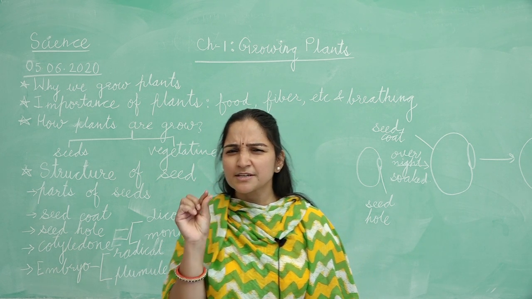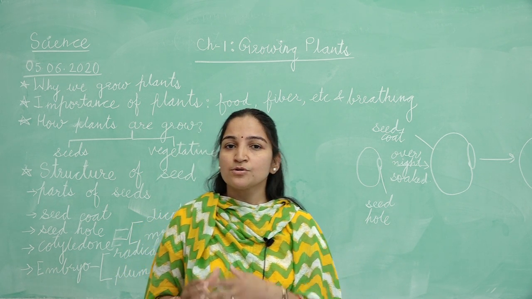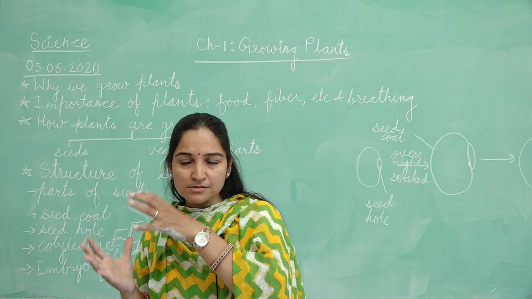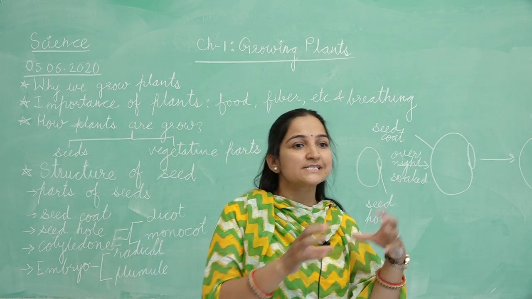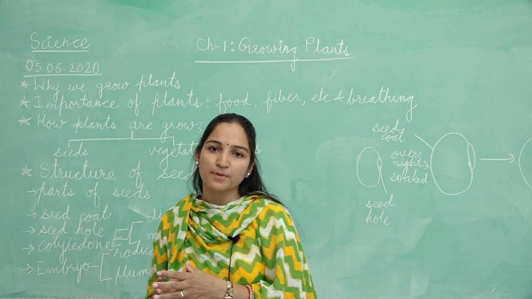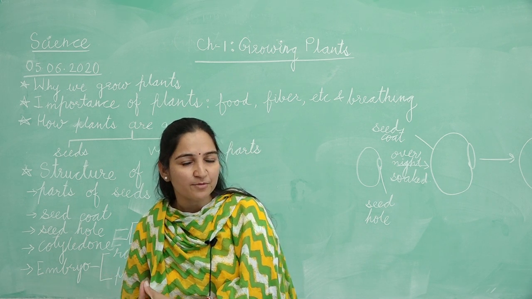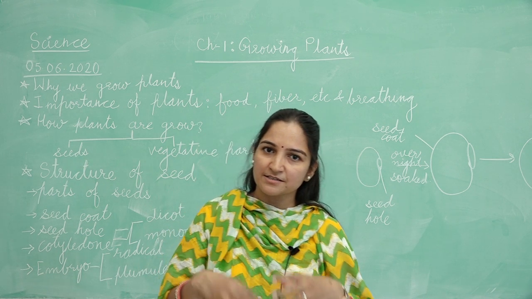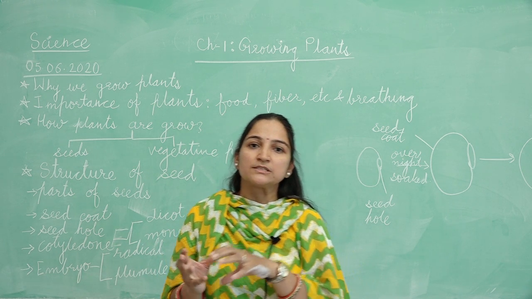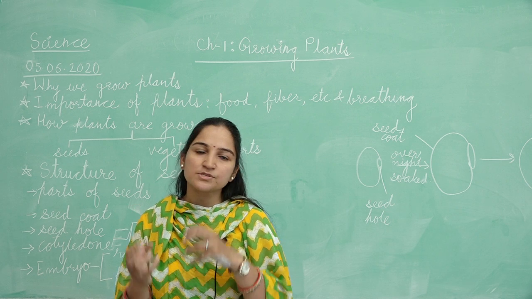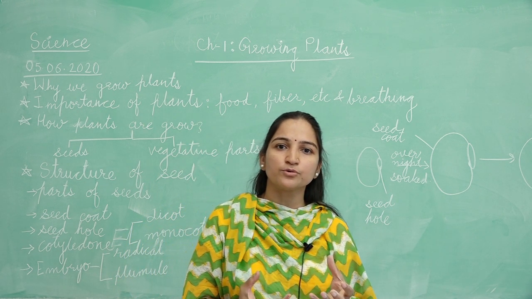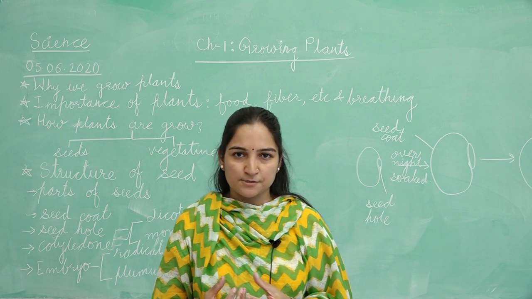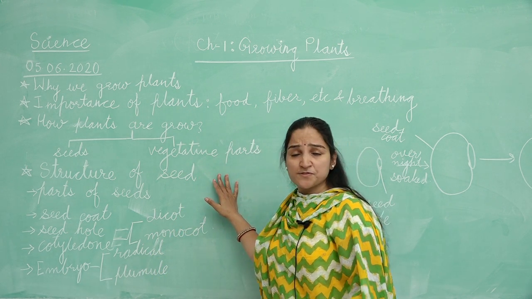All plants that grow from seeds are called flowering plants. Flowering plants produce flowers, then they turn into fruits, and the remaining ovules in the fruits are called seeds.